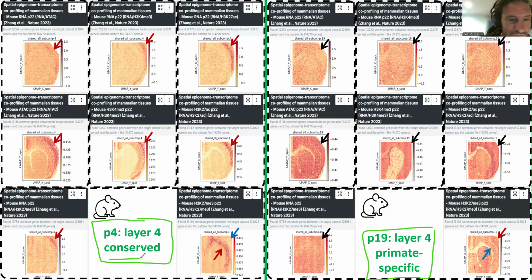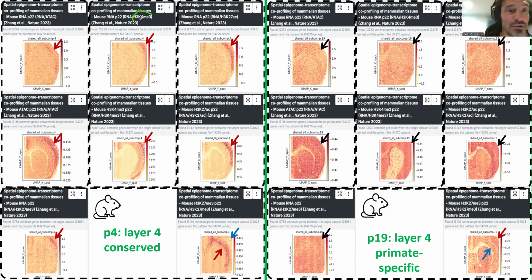So in the conserved signature, as we would expect, you can see the RNA and you can see it in the open chromatin at those same TSSs. So TSSs, transcriptional start sites that were associated with our layer 4 conserved signature are open, and they're expressing RNA in these slices, as we would expect if everything were working as we would expect it to.